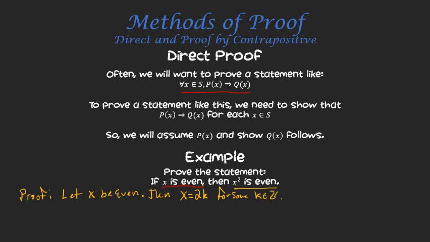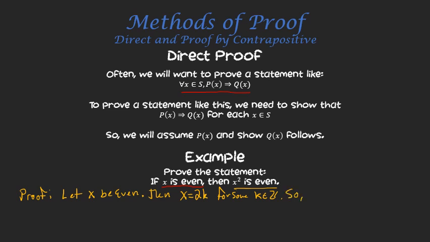And we know we want to get to the statement x squared is even. Now that we know what x looks like, we've written here an arbitrary even integer, it just looks like 2k, we want to make some statement about x squared. So let's investigate what happens if we square x. So x is even, x is 2k.